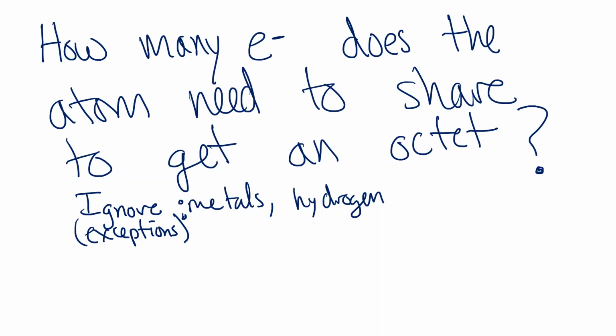So hydrogen is actually an exception to the octet rule. It does not need an octet. The other big exception is boron. Boron is an exception to the octet rule. We'll come back to that because right now we're ignoring the exceptions.